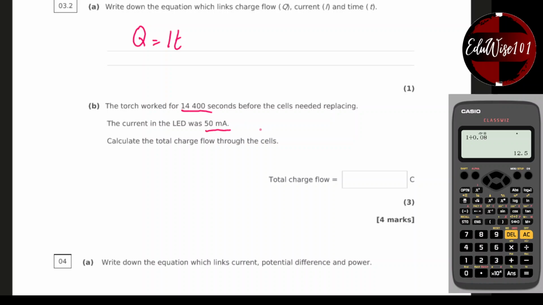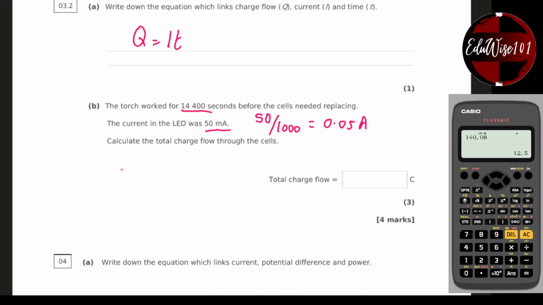Now milliamps, milli is a thousandth, or 10 to the power minus 3. So I need to convert 50 milliamps to amps first of all. So 50 divided by 1000 would be 0.05 amps. The common mistake would be students not converting that correctly.